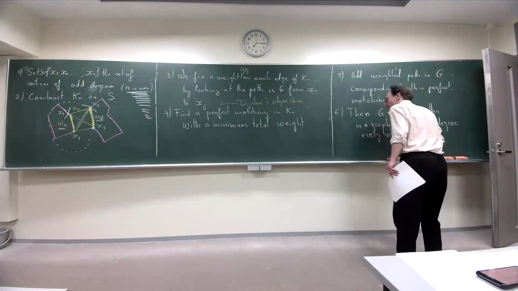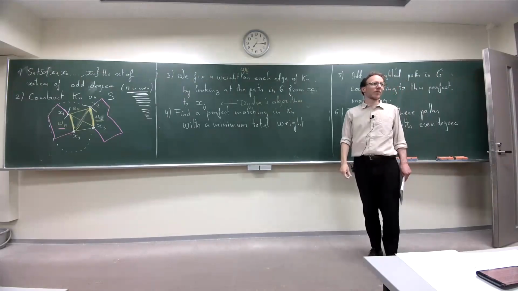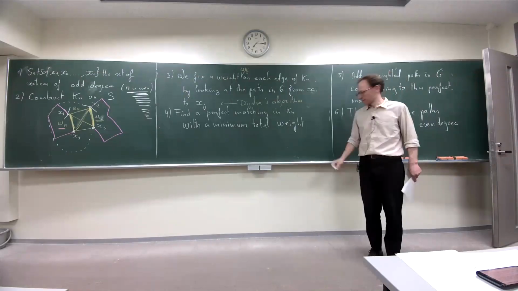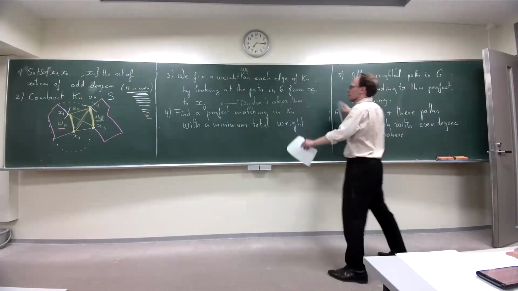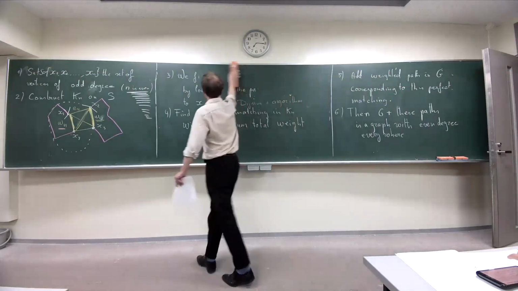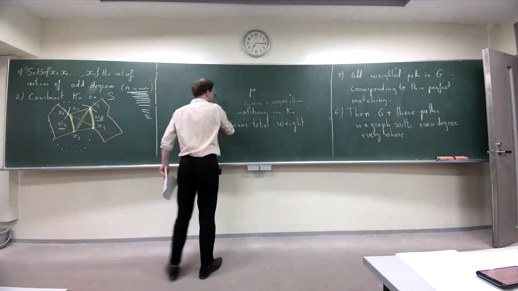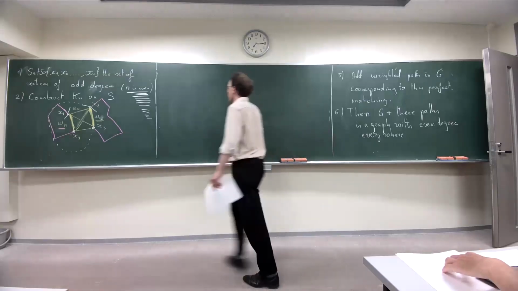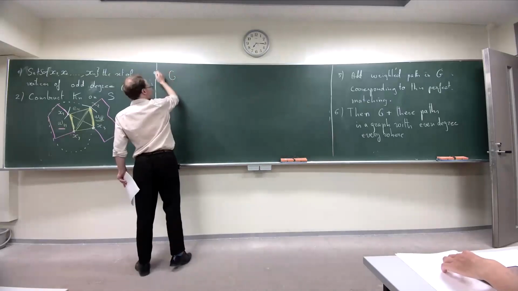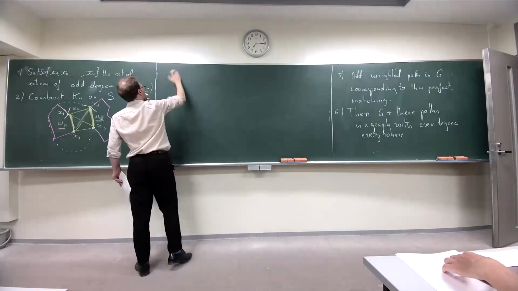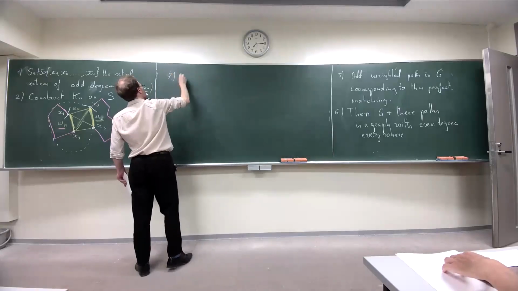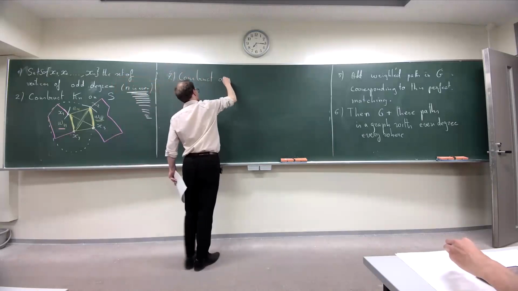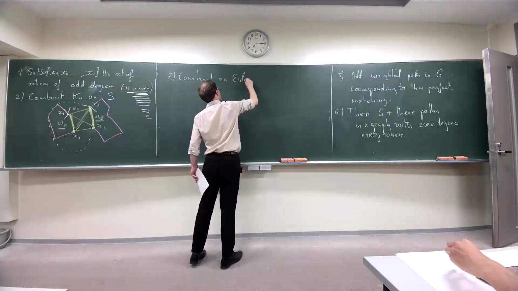Think about it. So G plus these new paths is a graph with even degree everywhere. And what can you do when you have an even degree everywhere? Yes, we have an Eulerian tour. So let me keep the picture. So we have even degree everywhere. So this is number 7. Construct an Eulerian tour.